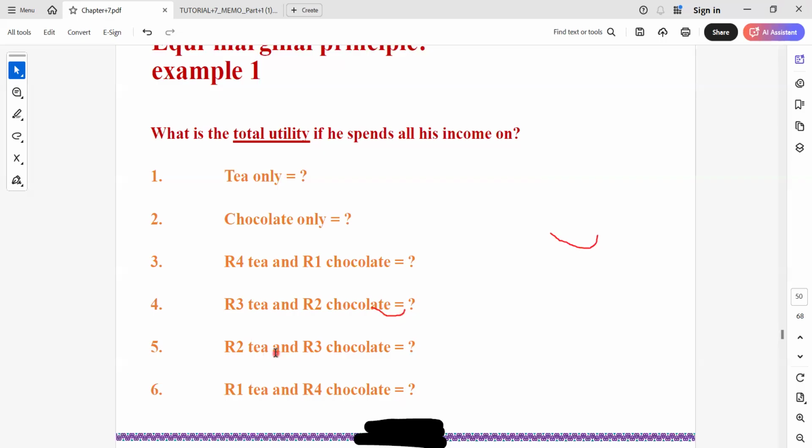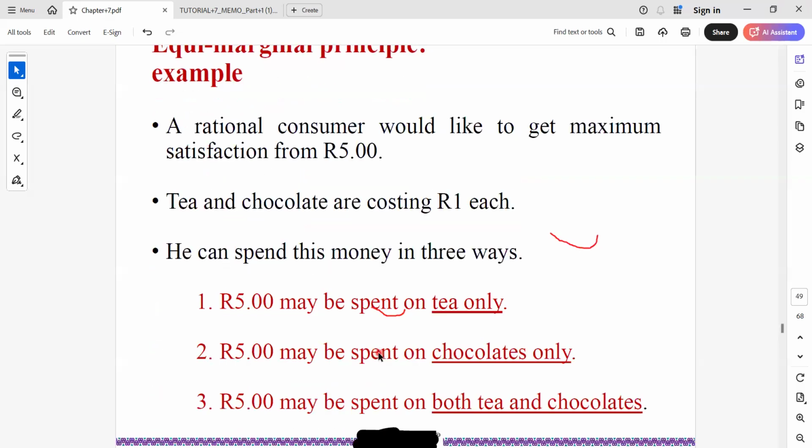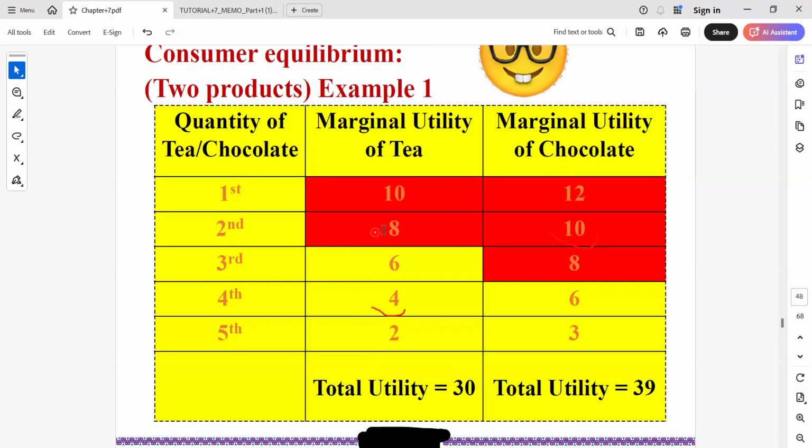So if they say 2 tea and 3 chocolates, you want to calculate total utility. So you're going to say 10 plus 8 plus 12 plus 10 plus 8 to get the total utility. So total utility for 2 tea is 10 plus 8, and the total utility for 3 chocolates is 12 plus 10 plus 8, and then you add them, you get 48.